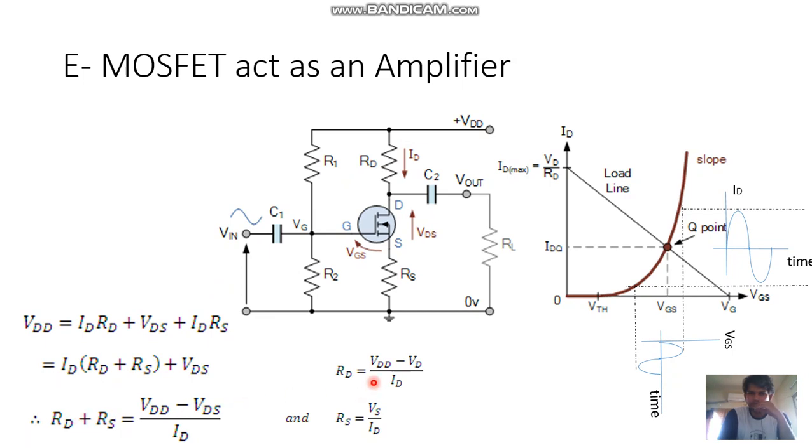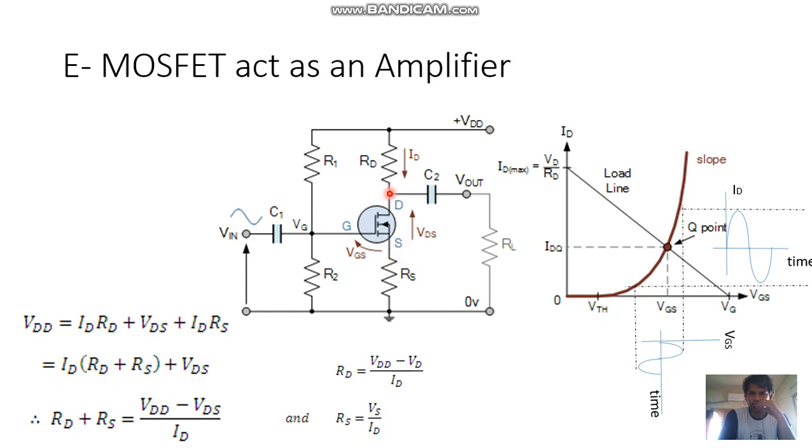So RS is VS by ID. RD value is VDD minus VD. So this voltage is VD and this voltage is VDS. There is a difference between VD and VDS, remember here.